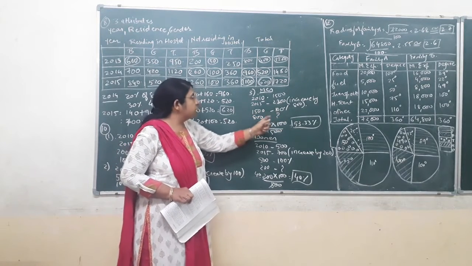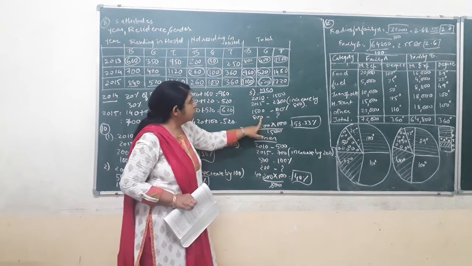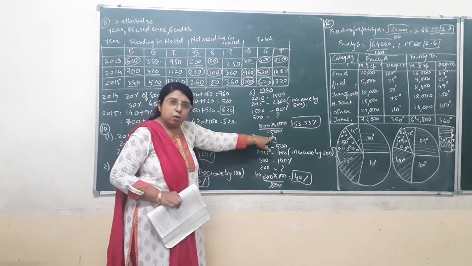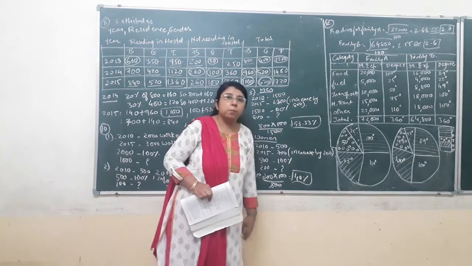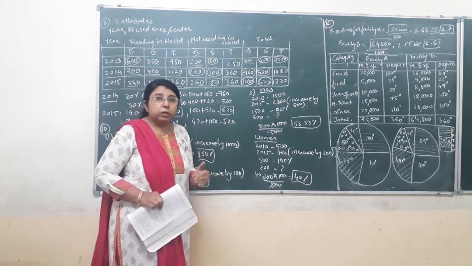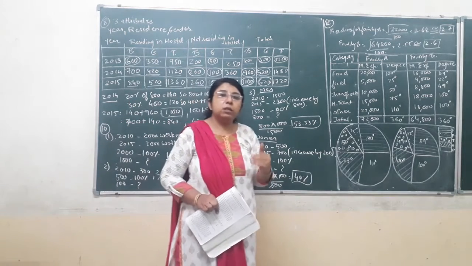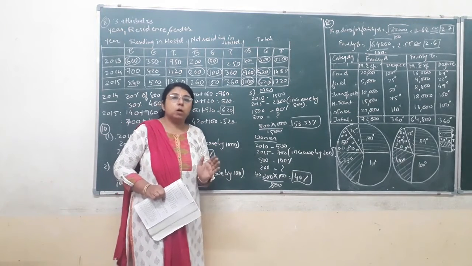Then if 800, then how many percentage? So you can see cross multiplication, 800 into 100 divided by 1500. So you get the percentage, that is 53.33%. It means the number of men has increased by 53.33% in the year 2015 compared to 2010.